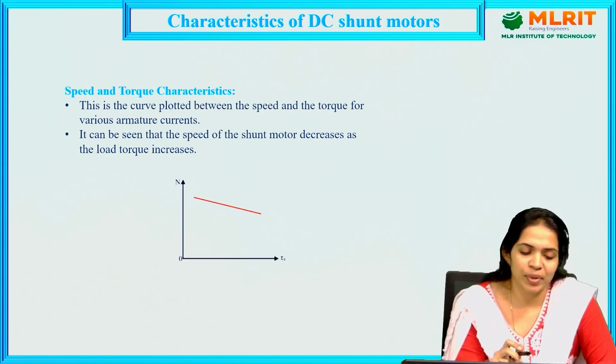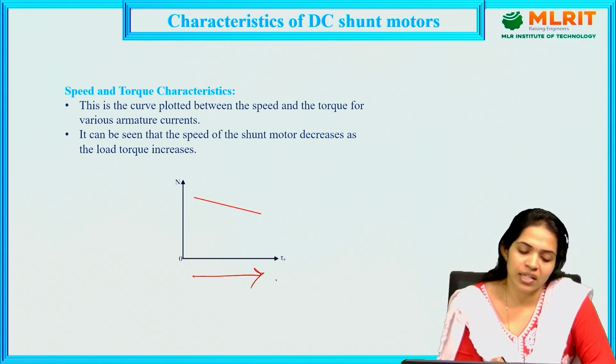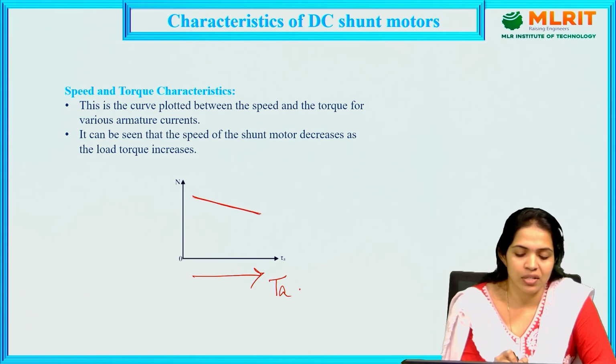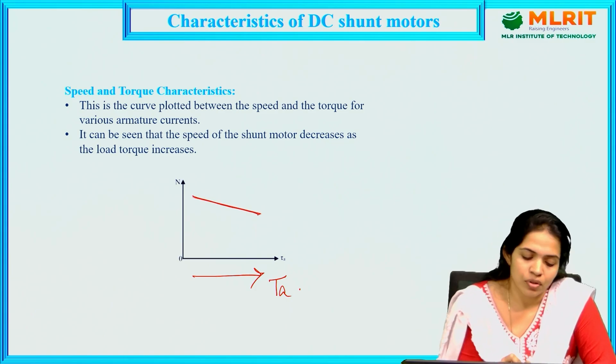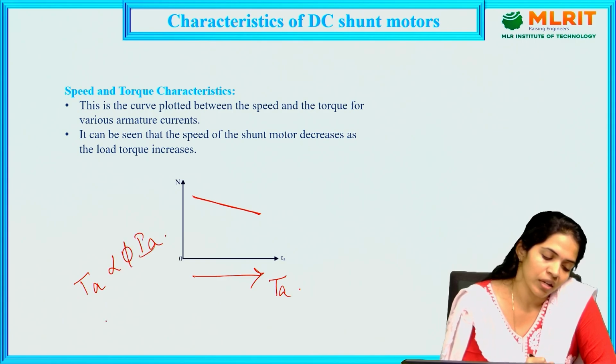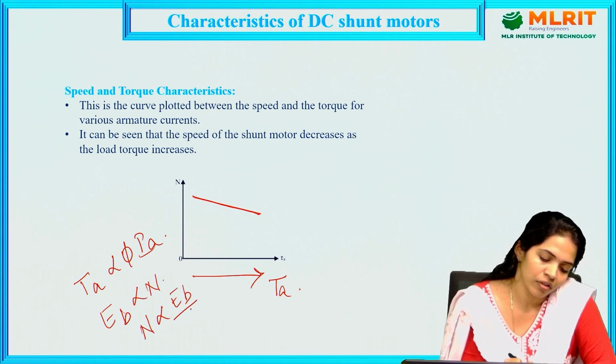Coming to the torque speed characteristics, as the torque increases, the speed of the motor should decrease, which we can see in this graph. We know that torque is proportional to phi into Ia, and Eb is proportional to N. So N is proportional to Eb by phi.